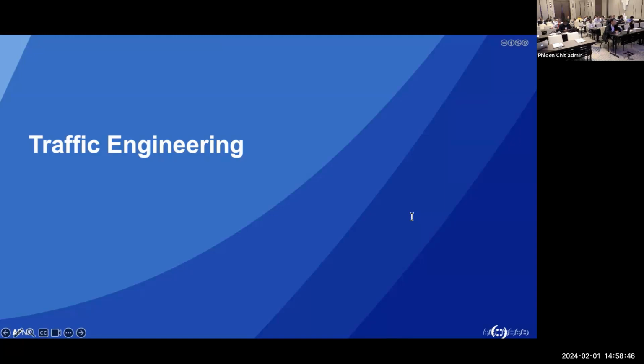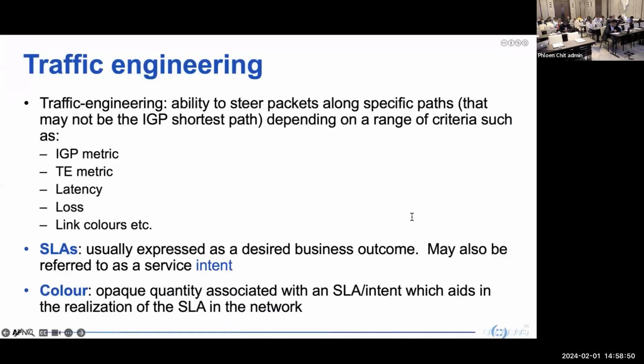So in this part, we will talk about traffic engineering within the context of segment routing. Traffic engineering, or TE, is an ability to steer the packet along a specific path that may not be the IGP shortest path based on a range of criteria such as IGP metric, TE metric, latency, loss, and link colors.